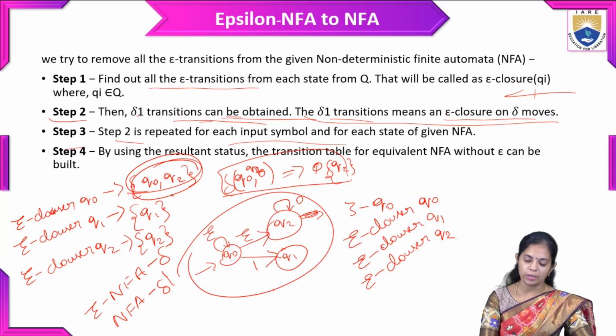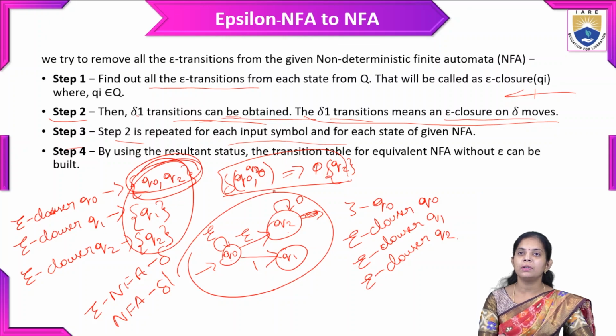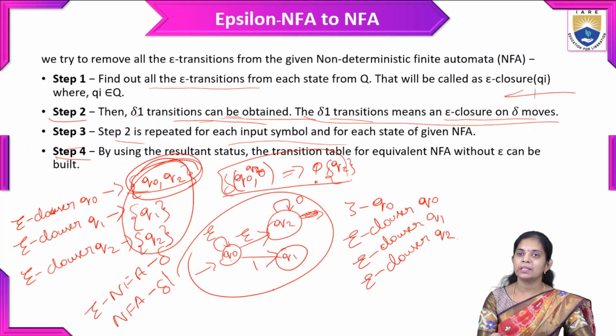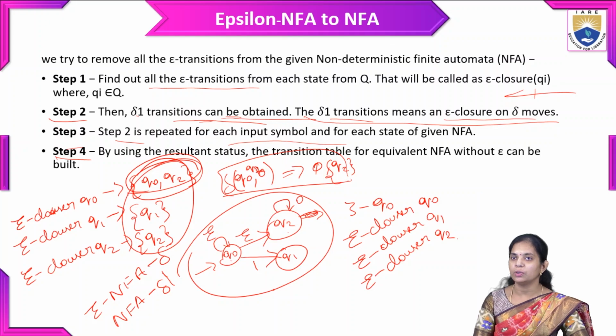We need to find all the transitions for the epsilon closure states, and this step 2 is repeated until we finish all the states. The last step is, by using the resultant states, we construct the transition table, and then we can convert the transition table to a transition diagram. This is how we convert the epsilon NFA to NFA.